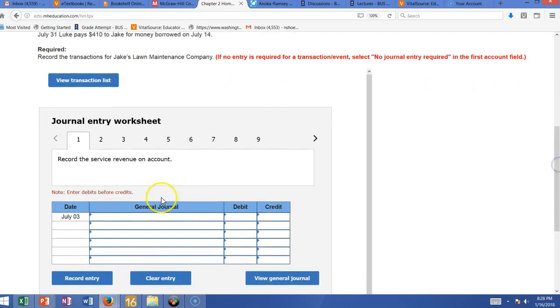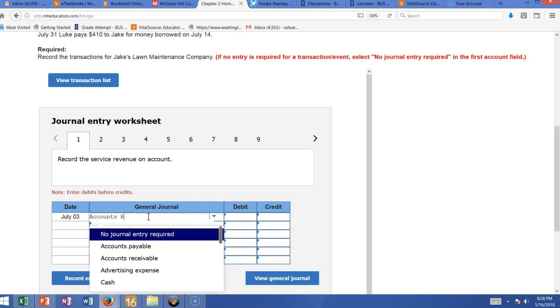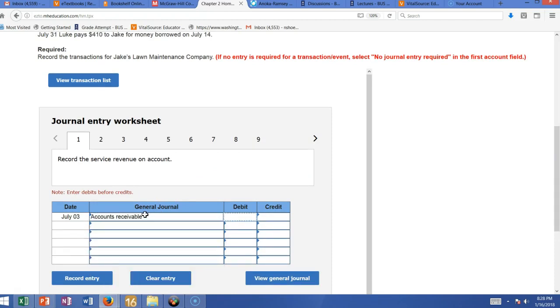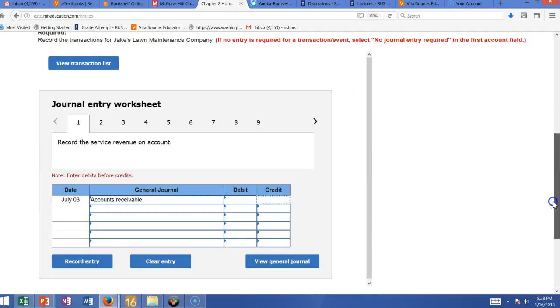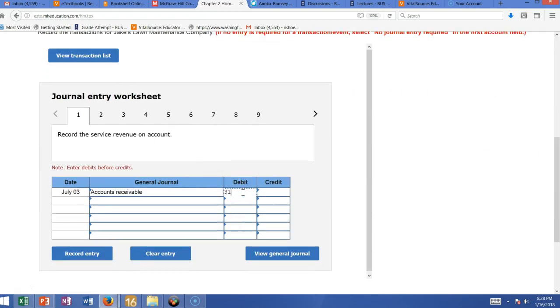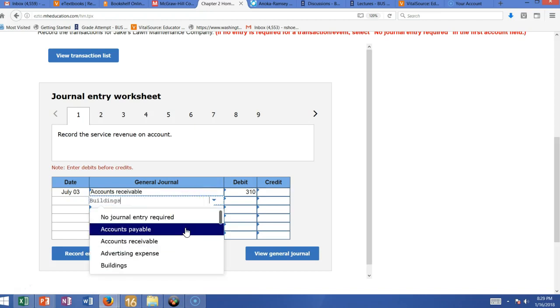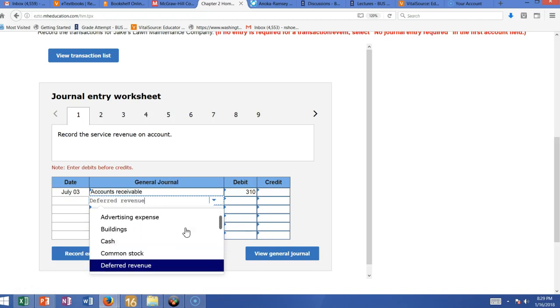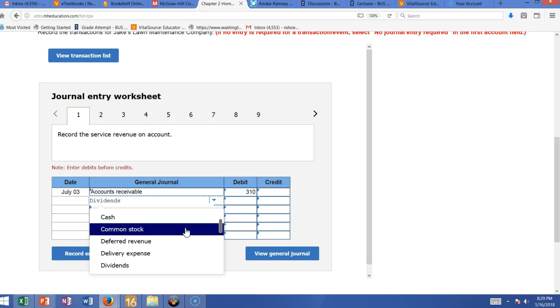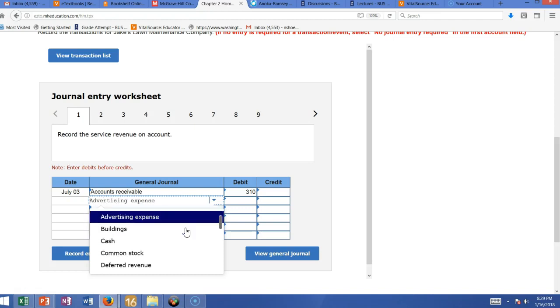Jake is due money, receiving money. So accounts receivable for how much? $310. And what's the other side of the equation? No, it should be revenue. What's deferred revenue? Is this a liability or did we get money?